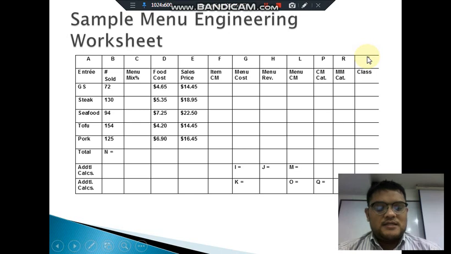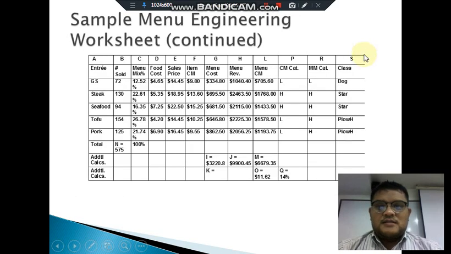How to calculate C? Guys, as you can see over here, column C is the menu mix. So how do you calculate the menu mix? I tell you first, what is menu mix? Menu mix is the percentage of number sold. I repeat, the percentage of number sold.